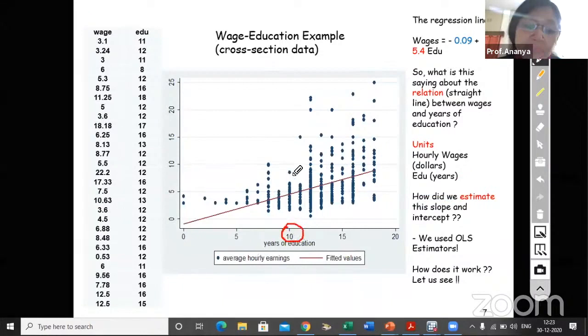A person with 10 years of education could either be earning something fairly low, or something fairly on the higher side. So it's because of the kind of X variable that we have that the scatter looks a bit different from the earlier scatters. I think I just have one more example and then I'll take some questions if you have any.